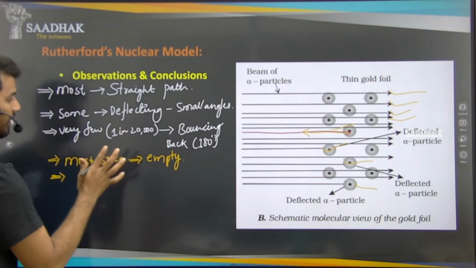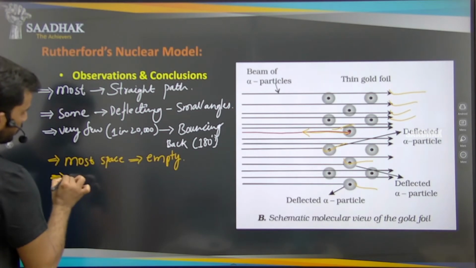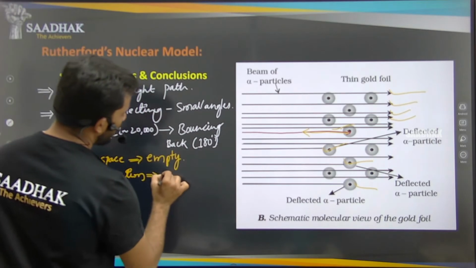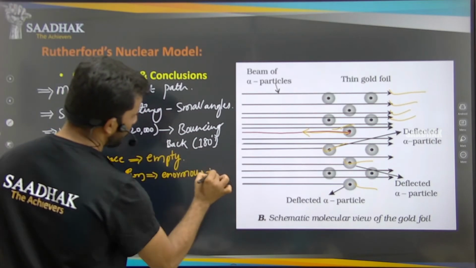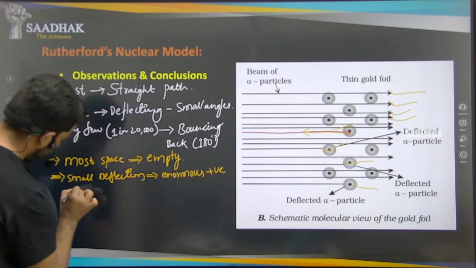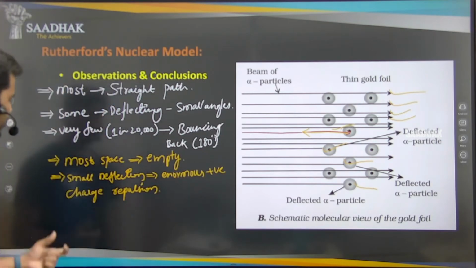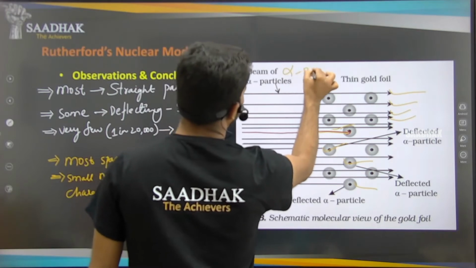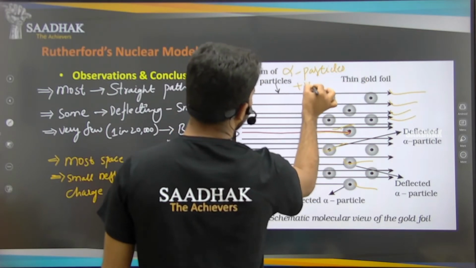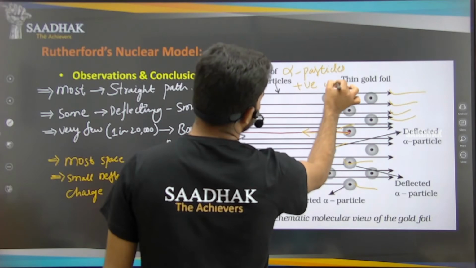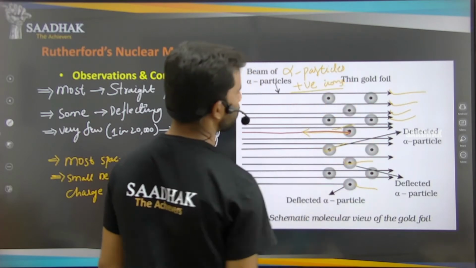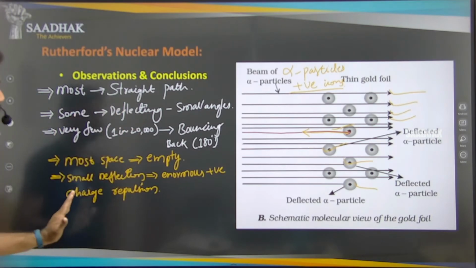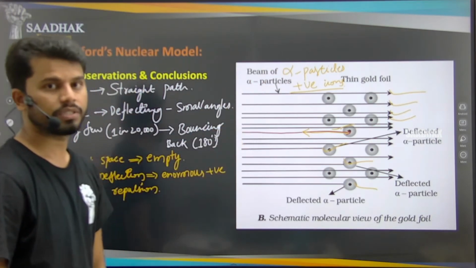So the small deflection is due to enormous positive charge repulsion. Why? Because these alpha particles are nothing but positively charged radioactive particles. Okay, so these are positively charged, right?